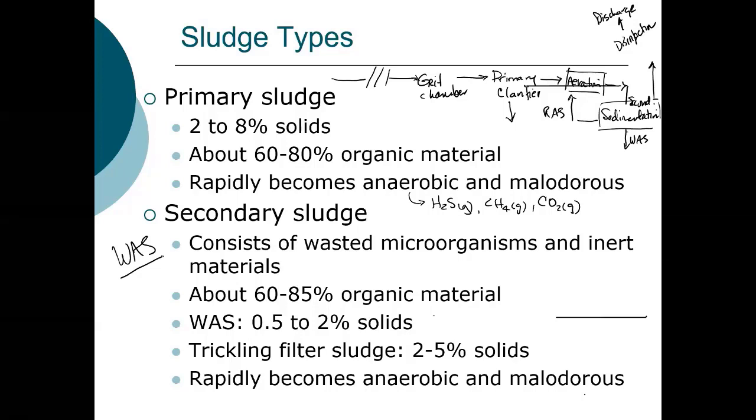And it's also a less dense sludge because of the microorganisms. Your microorganisms have a specific gravity slightly less than 1. We mentioned this when we talked about fixed and volatile solids in calculating specific gravity of the sludge.